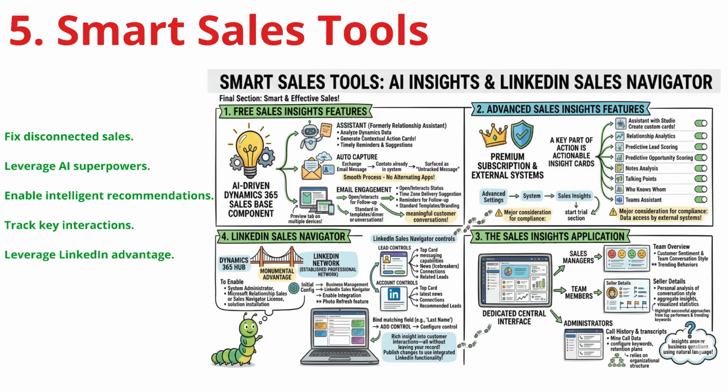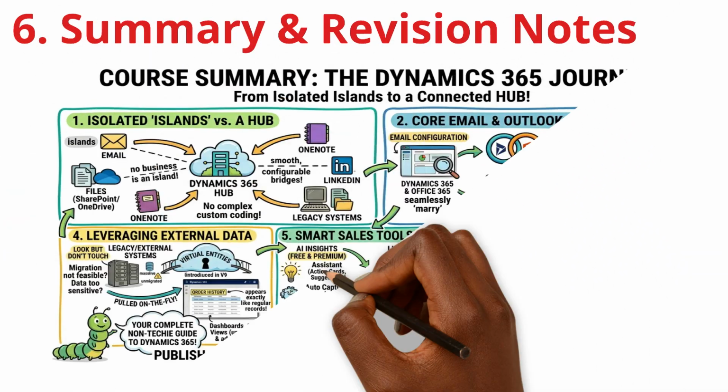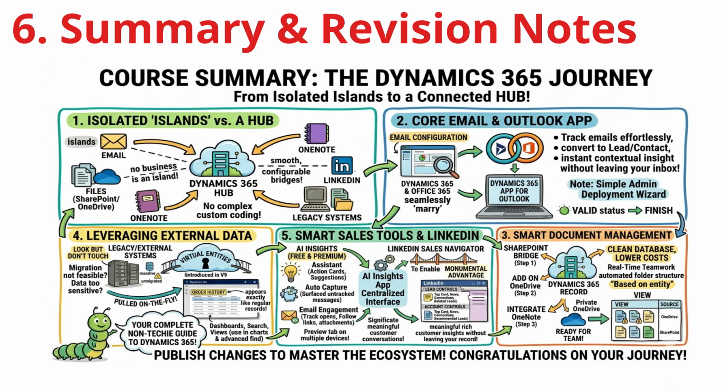Let's get smarter about sales. We've moved from designing the internal engine to unlocking powerful, ready-to-use plugins. No business is an island, and our goal was to connect all your separate info, like email, SharePoint, OneDrive, and even LinkedIn, into a unified hub without complex custom coding.